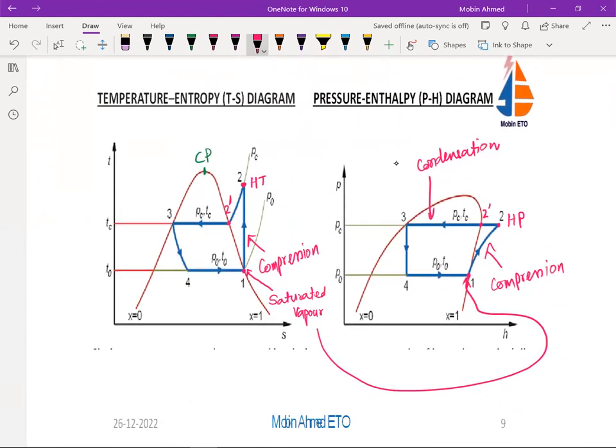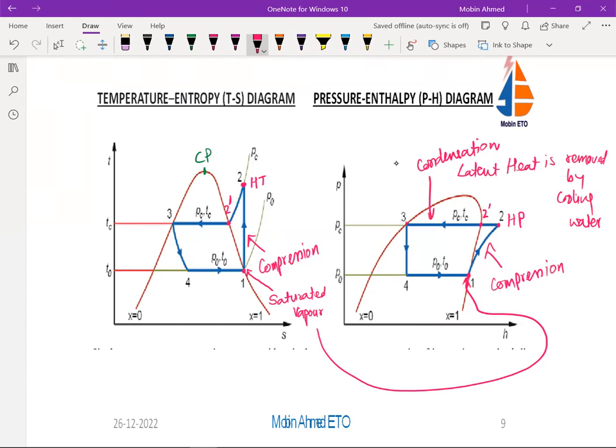So in this case, the latent heat is being removed. So during the condensation, the latent heat is removed. Who is removing it? By cooling water. So cooling water is going to take the latent heat, and it is going to change the state from the vapor to the liquid.